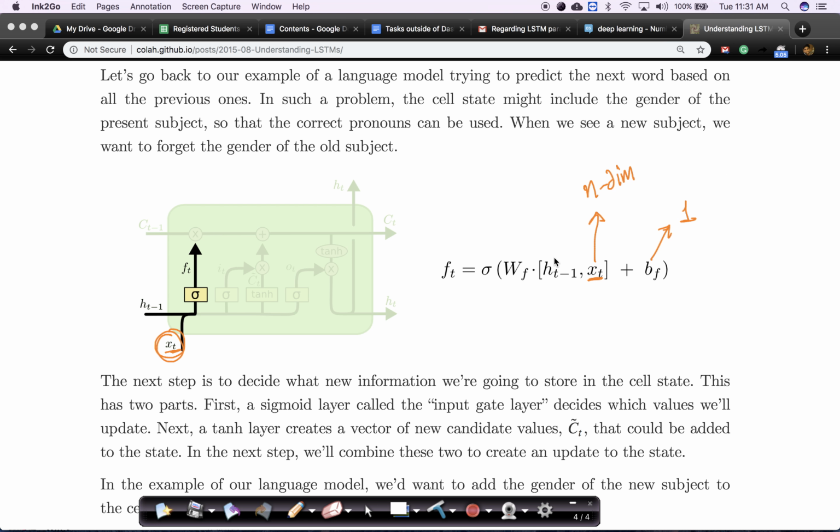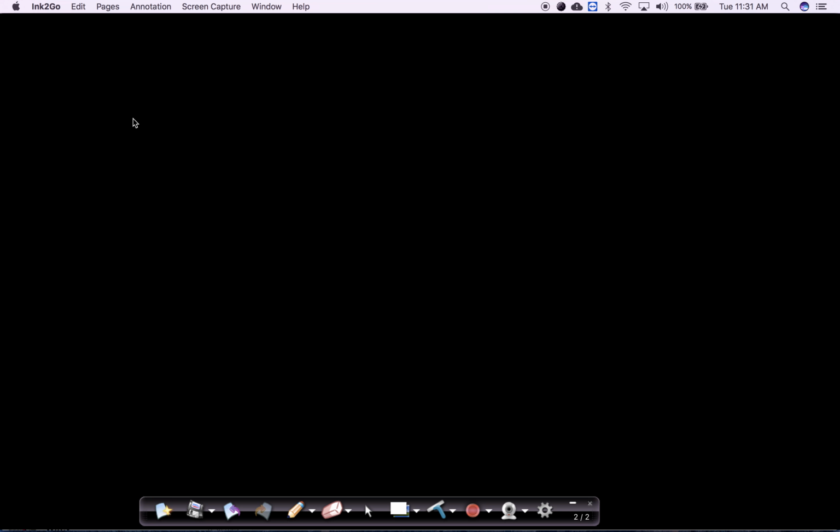Now comes the question: what is the size of ht minus 1? This is a very important question. This is the values of the hidden units from the previous time step.